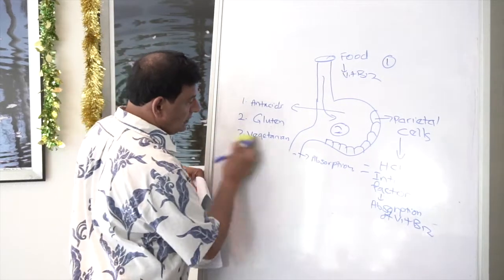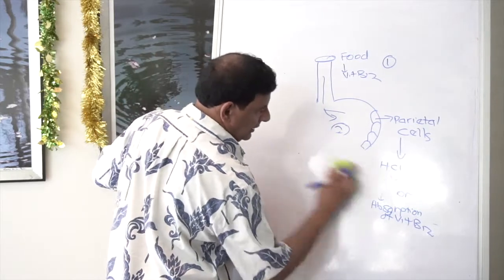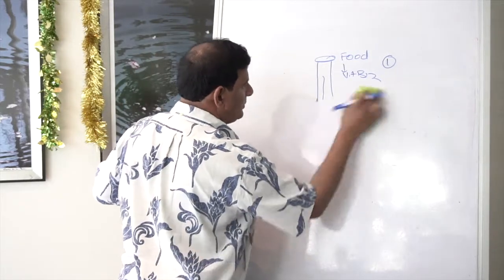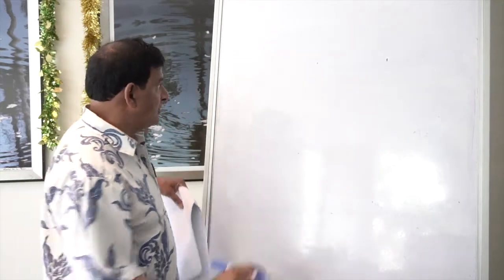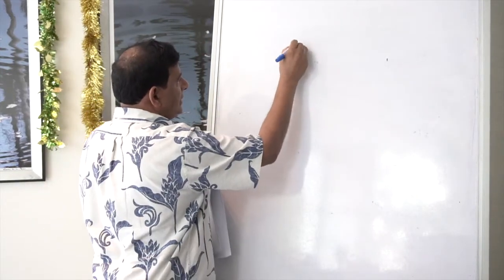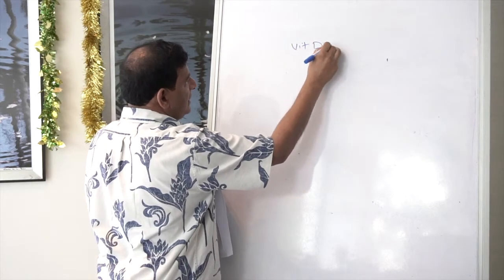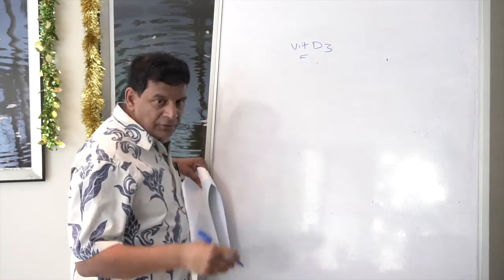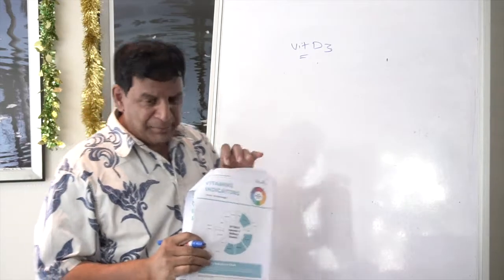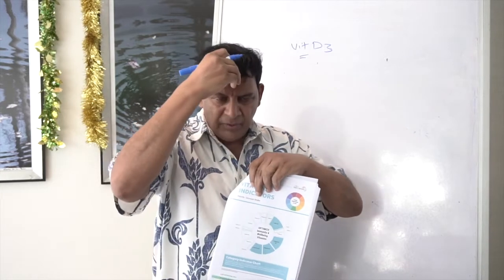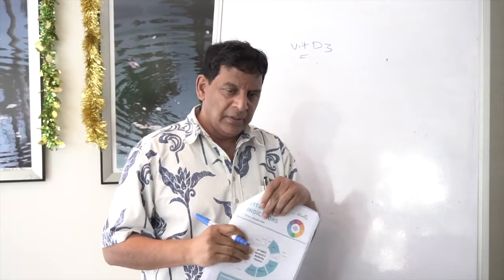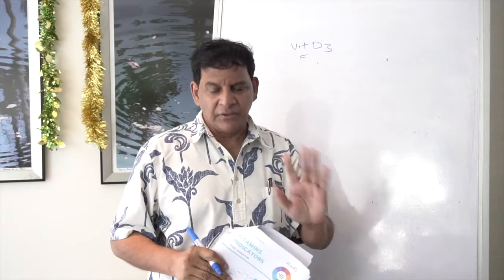The next important factor affecting the gut in a person having gut symptoms is vitamin D3. So the way to see how a vitamin D3 deficiency appears in the body, we are looking at a report, but in our mind, we are looking in a very different way, like an X-ray of a person.